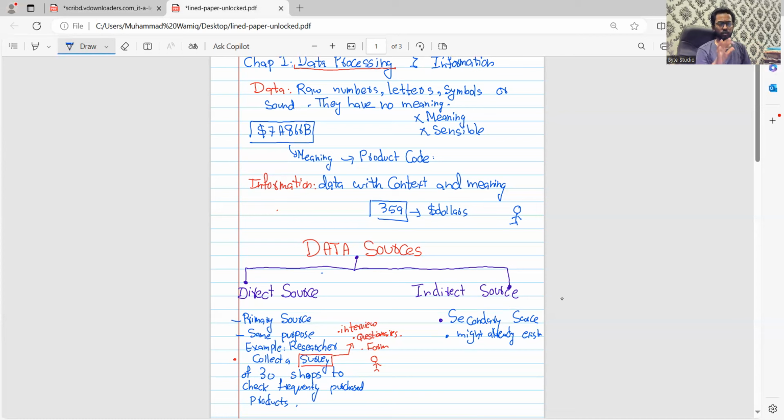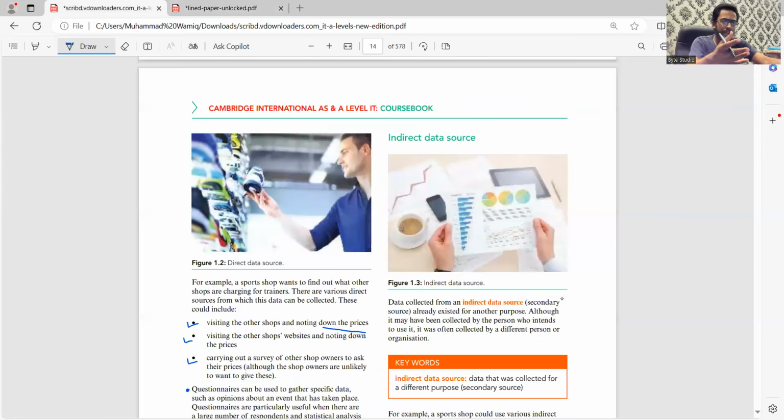You are searching your data from secondary sources which are created by someone else. That means that that is an indirect source, and that article could be used by millions of people for millions of purposes. Whereas when it comes to a direct source, you only have to cater to a specific purpose and that's it. Whereas an indirect source is one that might already exist, or it is a secondary source.